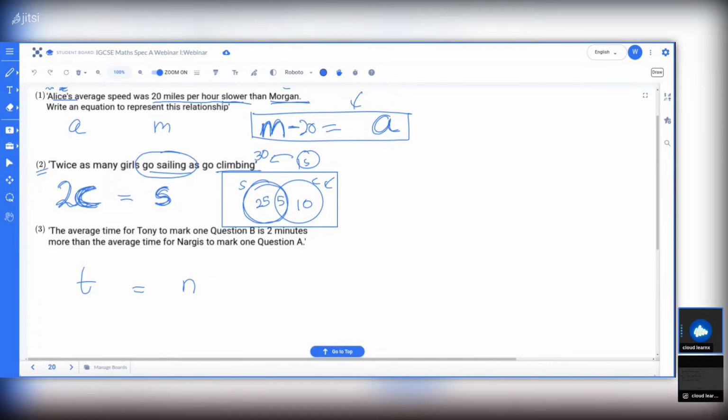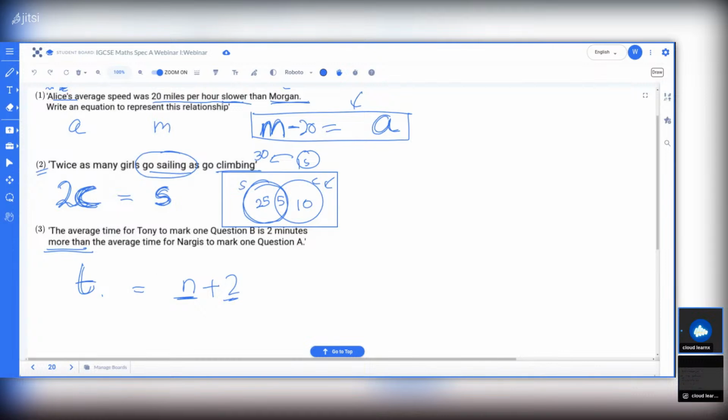Tony takes more time, so N plus 2. Here the keyword, I think, is "more than". 2 minutes more than Nargis, N plus 2. T, Tony takes 2 minutes more than Nargis, right?